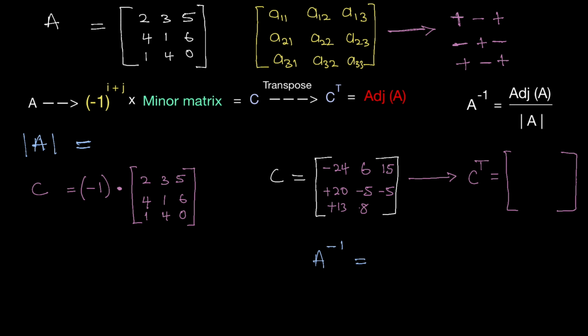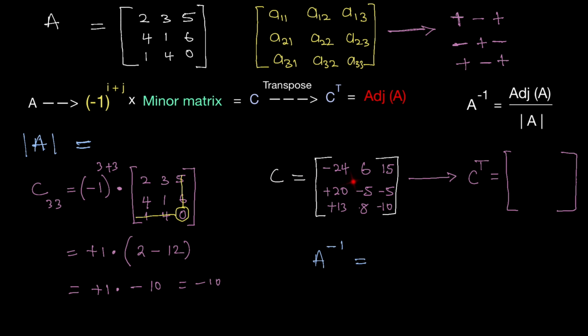I need to find C33. That's 3 plus 3. The power is even, so that's plus 1 times the element 0, vertical line, horizontal line. We find the determinant of the minor matrix: 1 times 2 minus 4 times 3, 12, and that equals plus 1 times minus 10, which is minus 10. So this is minus 10.